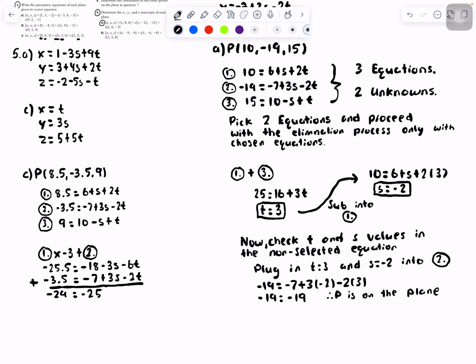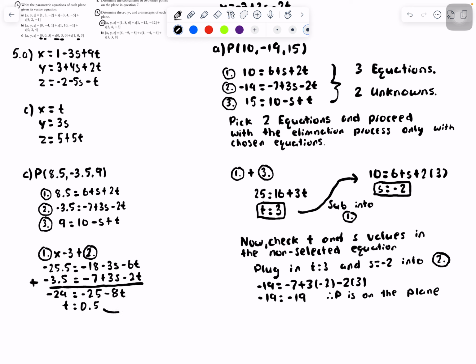The s's cancel. Minus 6 plus -2, that's minus 8t. So t is equal to minus 29 plus 25, minus 4, divided by minus 8, 0.5, or 1/2.